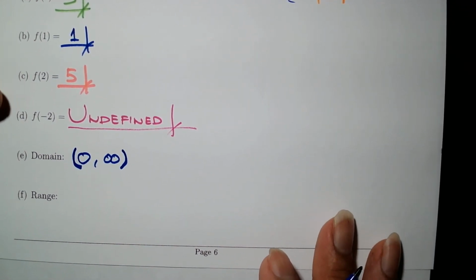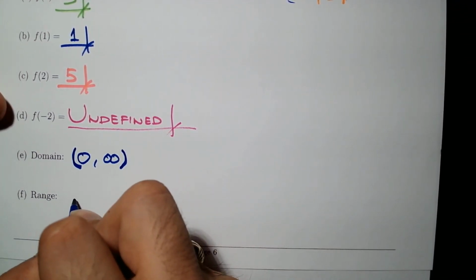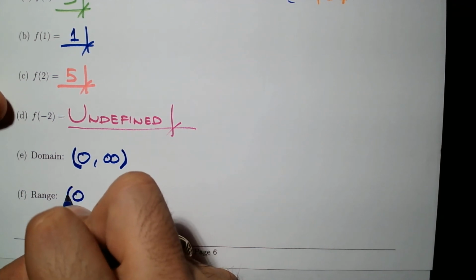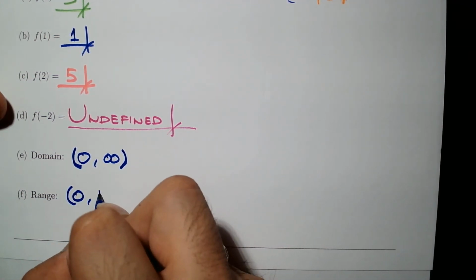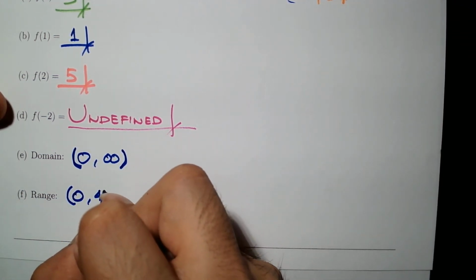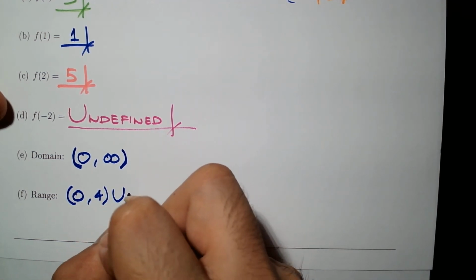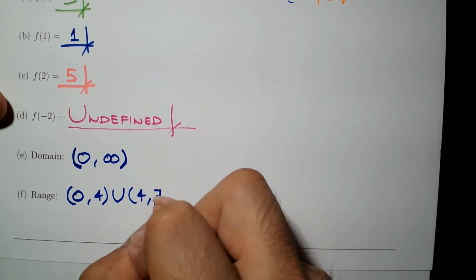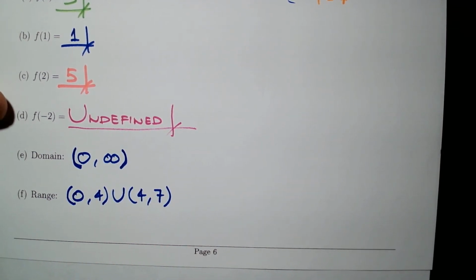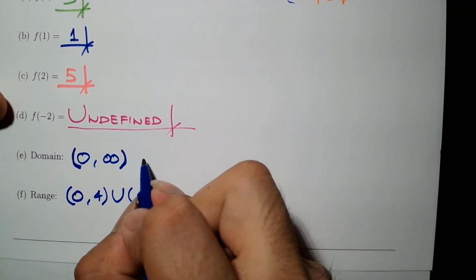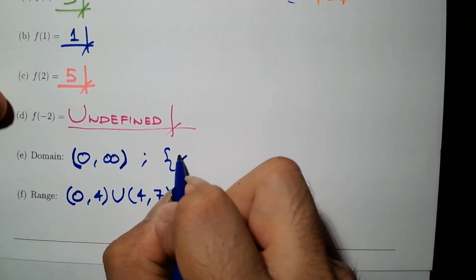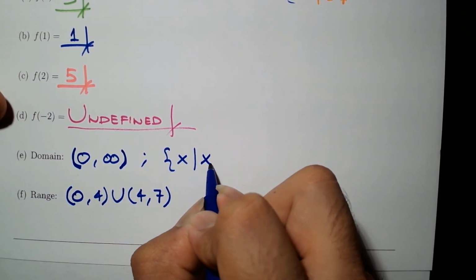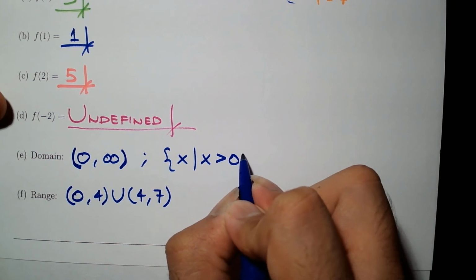So the way we define this range, it's going to be from 0 exclusive to 4, union from 4 to 7. How do we express this using set notation? x such that x is greater than 0.